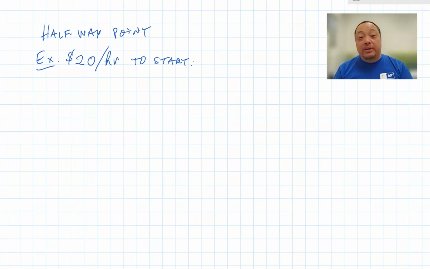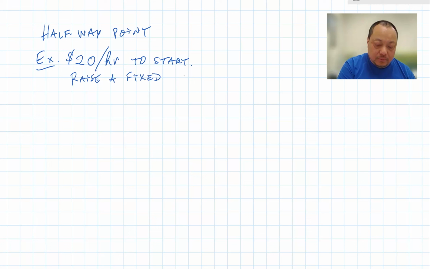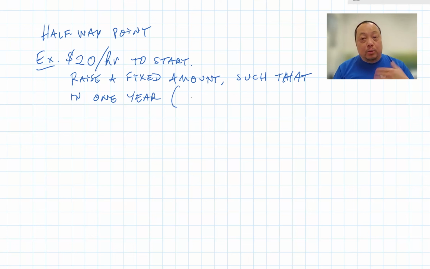And then I promise to give you a raise every month in a fixed amount. And the goal is that in a year, you earn $32. And 1 year means 12 months.